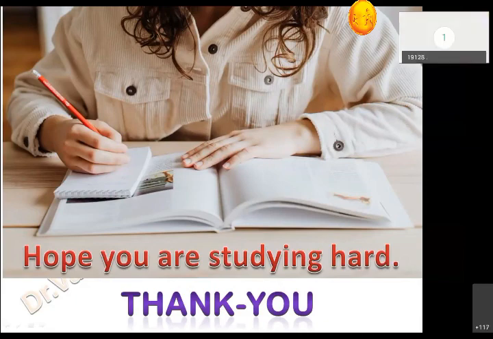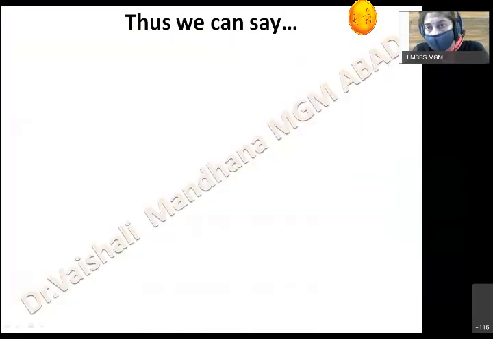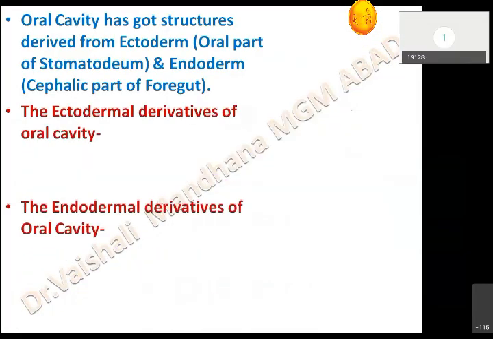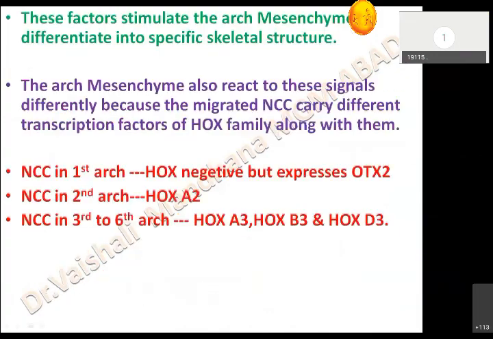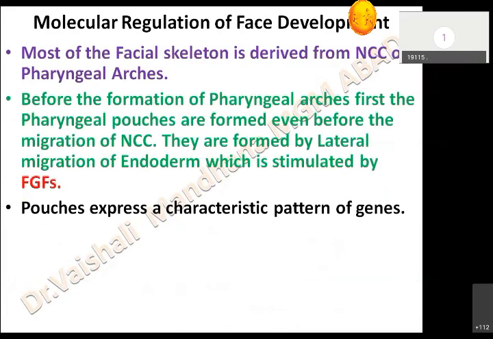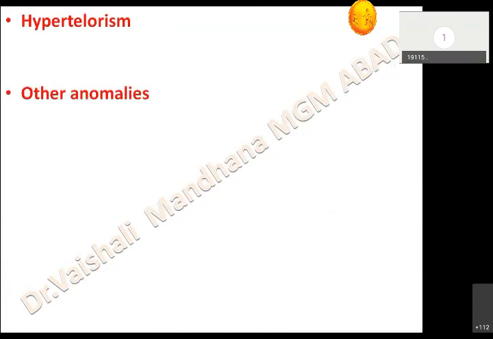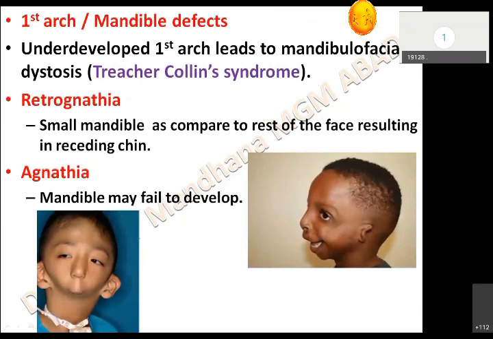Can you put up that mandible defect slide once again, as it was not visible that time? Okay. Mandible defects means macroscopic. This one? Yes, ma'am. One is retrognathia, one is agnathia.